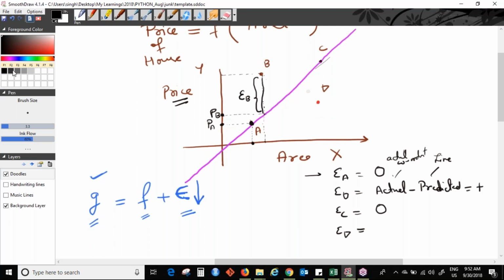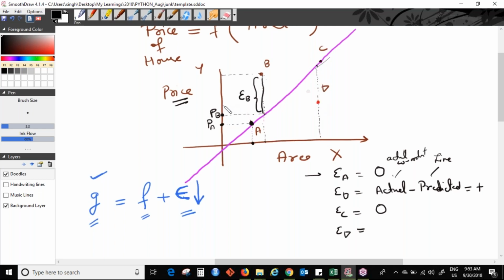Now finally, let's find the error for point D. For point D, the actual coordinate is here. So this is the actual price for point D. But what are we predicting? We are predicting somewhere here. We are predicting more than the actual value. So the actual price of the house is lesser, but we are predicting more.